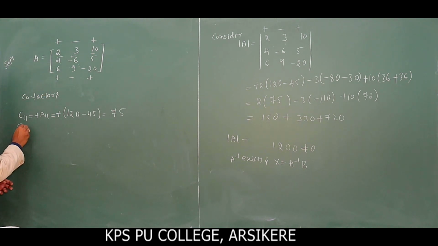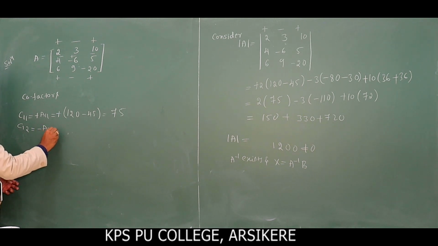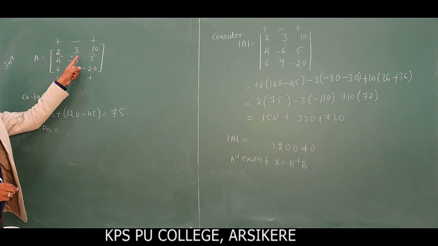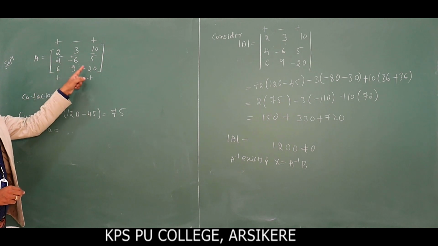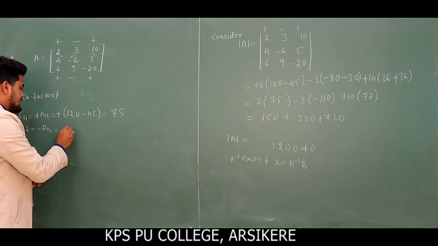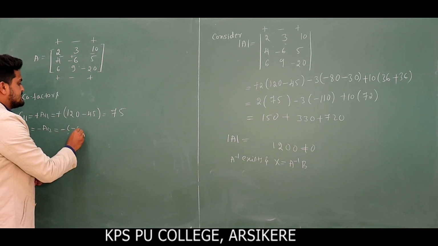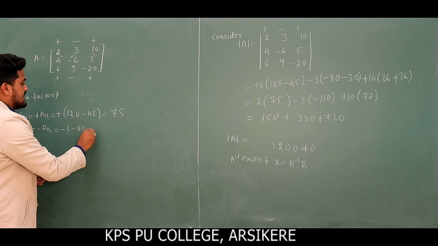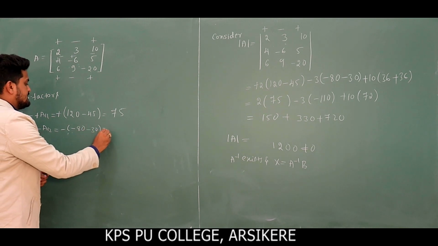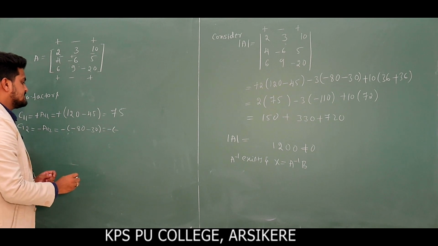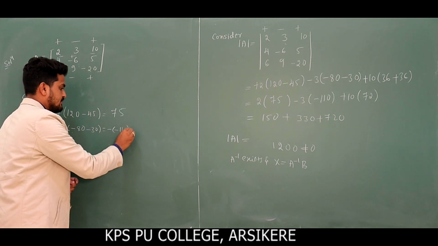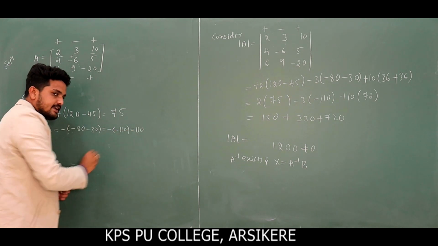Next, cofactor C12, sign minus, eliminating the first row and second column. 4 into minus 20 is minus 80, minus 30, which is equal to minus 110, so C12 is 110.